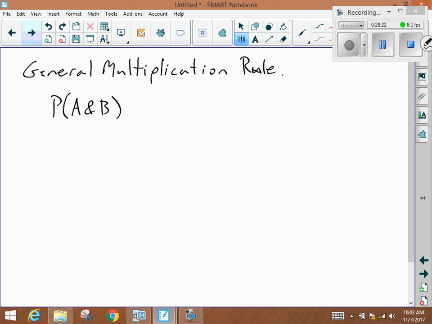It's actually the symbol that means and in mathematics. That is going to be equal to the probability of A intersect B, right? Sorry, it's kind of redundant. That's the probability of A times the probability of B given A.